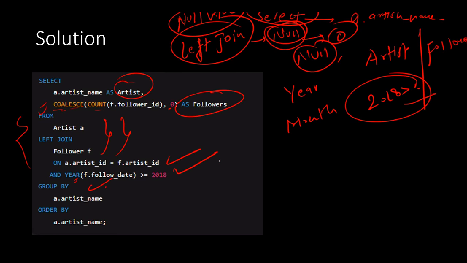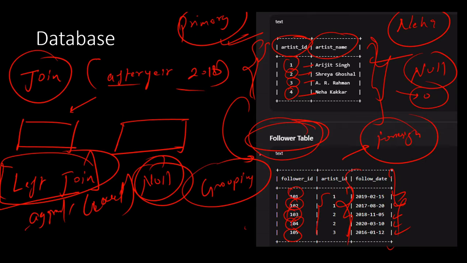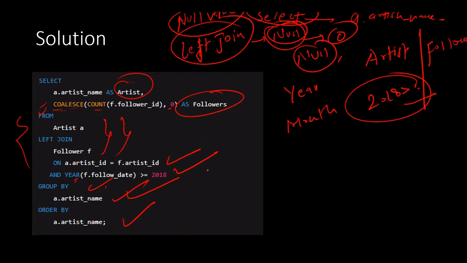Group by, because grouping we need to do, we already know, artist name, and order by artist name. So when we join it, it will be making multiple groups, because when we are joining this, you can do the grouping with artist id also, that is not a problem.